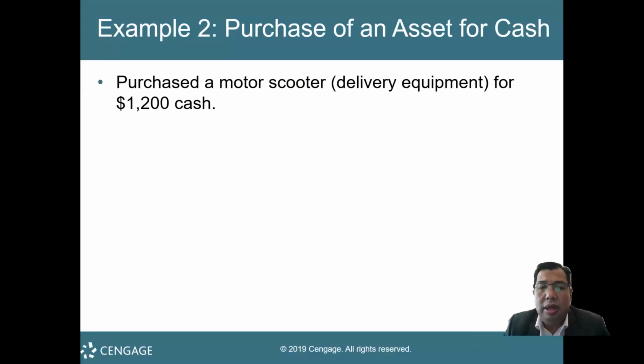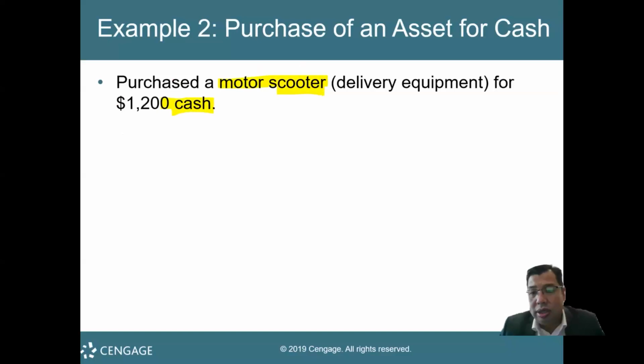Second example, Rohan purchased a motor scooter, or we call it a delivery van, for $1,200 cash. What are the effects of this transaction? There are two effects here. Number one certainly is our cash. Another one is a motor scooter.